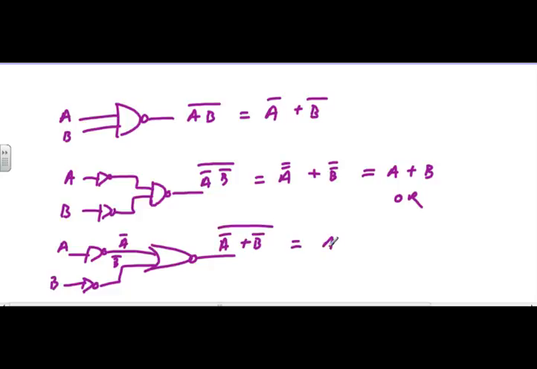I got A naught naught, B naught naught, AB, which is an AND. So if I knot the inputs of a NOR, I got an AND. If I knot the inputs of a NAND, I have an OR. And that's how we got with the universal gate stuff.